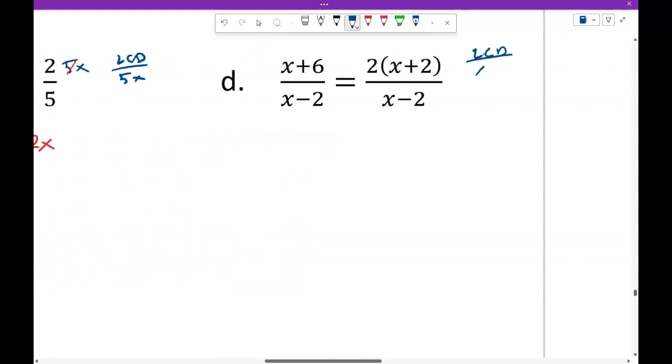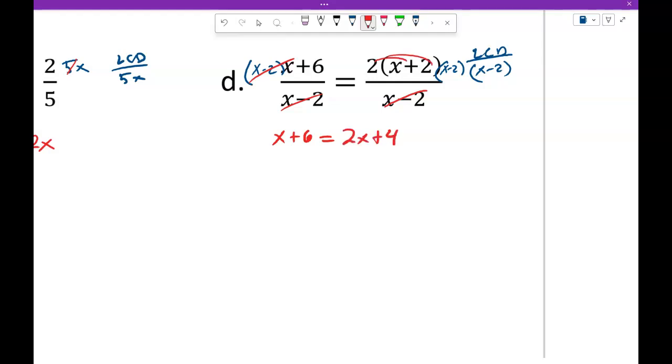For the LCD, well, they have the same denominator, x minus 2, so we can multiply both sides by x minus 2. That eliminates, leaving us x plus 6, and then we can distribute the 2. We want to go ahead and combine like terms. So we subtract 4 from both sides, we subtract x from both sides, and we get a value of x equals 2.